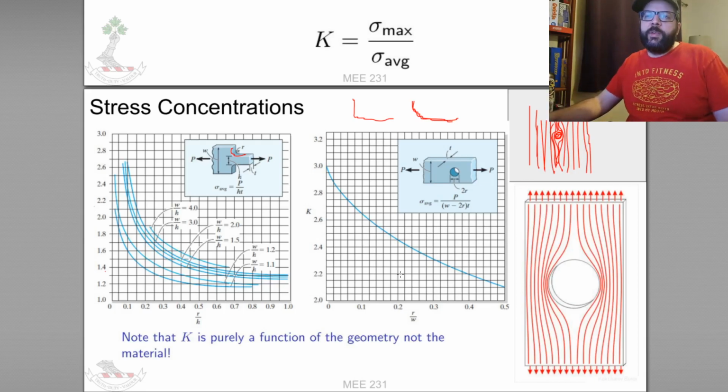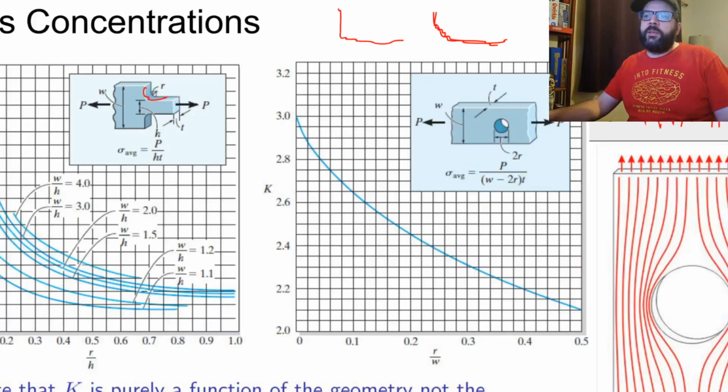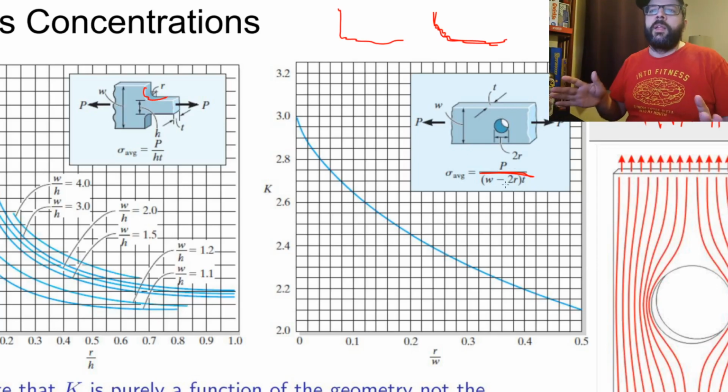That having been said, I'm not saying that the stress levels would be higher as a result of that, because you've got to keep in mind that the average stress also changes the bigger you make the hole. That reduces the area over which the stress can be carried. So if you have a really wide hole, if you increase the radius really high, then you're making this value a lot smaller, which means you're bumping up your average stress a lot higher.